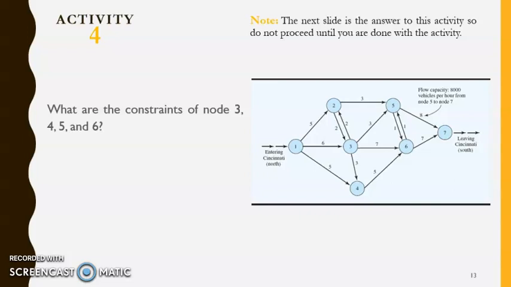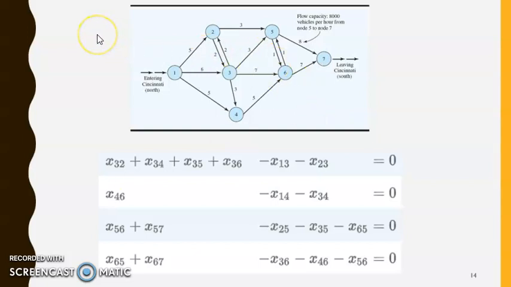Okay, let's do it for node 3. It seems a very busy node. We have 1, 2, 3, 4, 5, 6 variables involved with node 3, and the constraint is here.